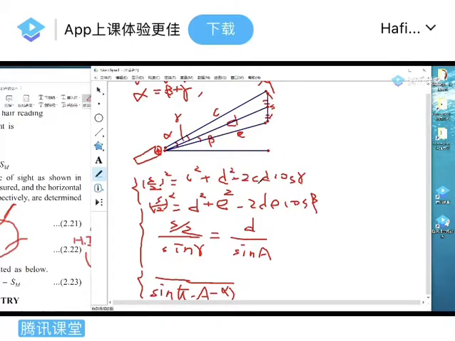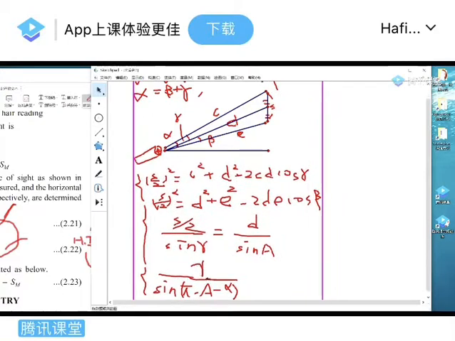Okay, so this angle will be facing D as well. Look at this triangle. By sine law, it will be facing D as well. So this will be D equals.